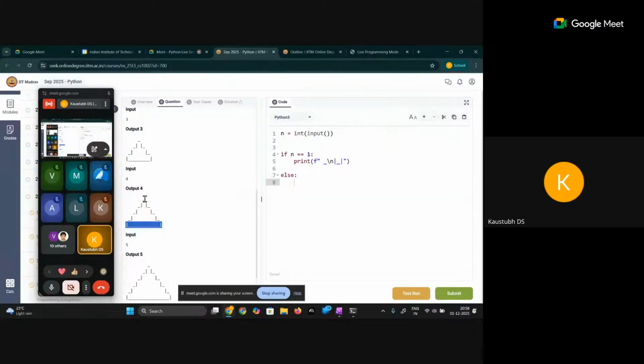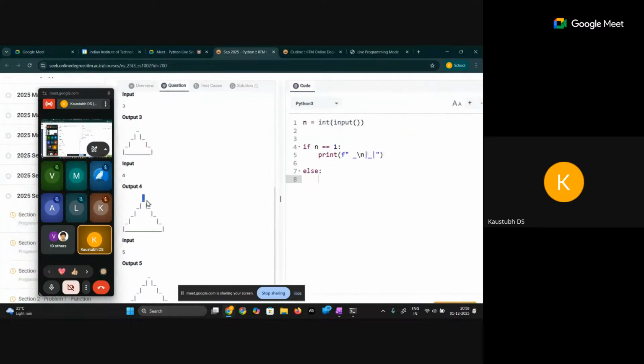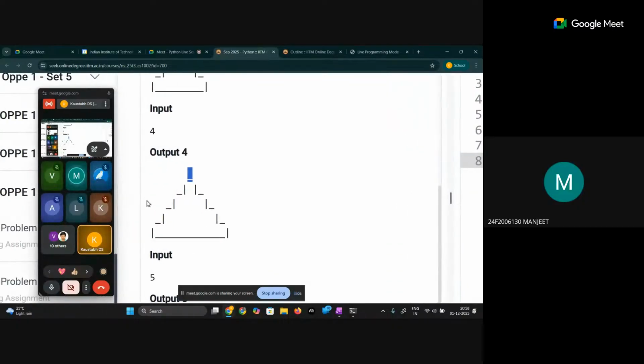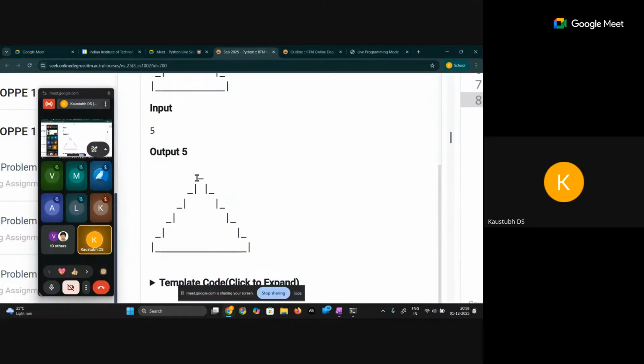The special property which the first and the last line have is that the first line is always some number of spaces with an underscore at the end. Is that true? Yeah, sir. That is the fourth one. So in the fifth one also we have some number of spaces and then the underscore, right?